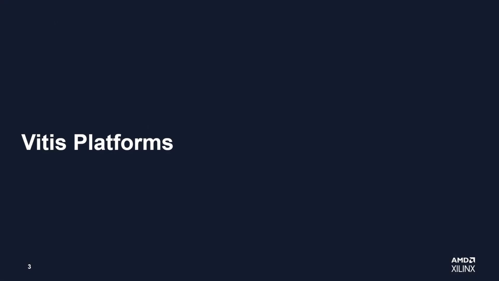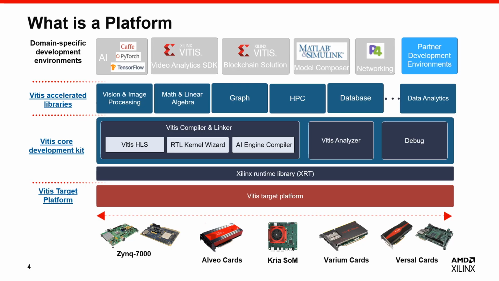The Vitis platform is an important concept in Vitis designs. When we talk about Vitis platforms, especially in embedded use cases, we usually mean Xilinx Runtime and Vitis Target Platform together. They provide the unified programming interfaces to applications and make the deployment target transparent.